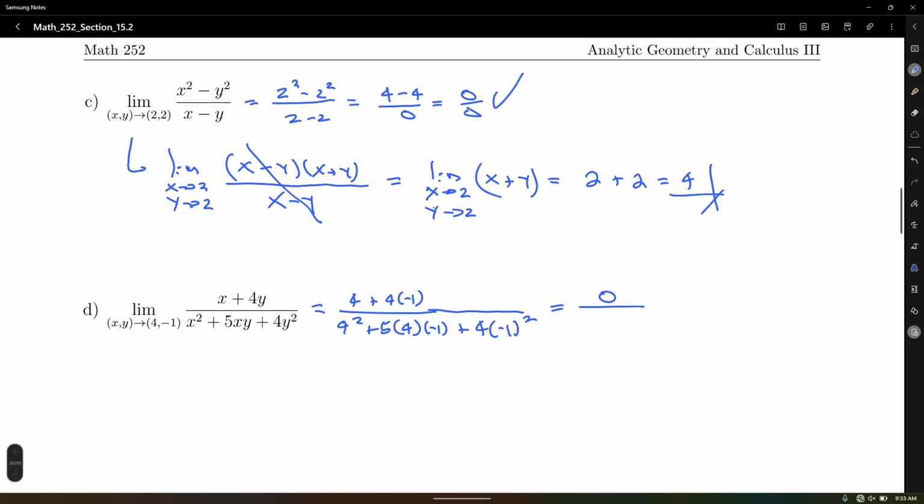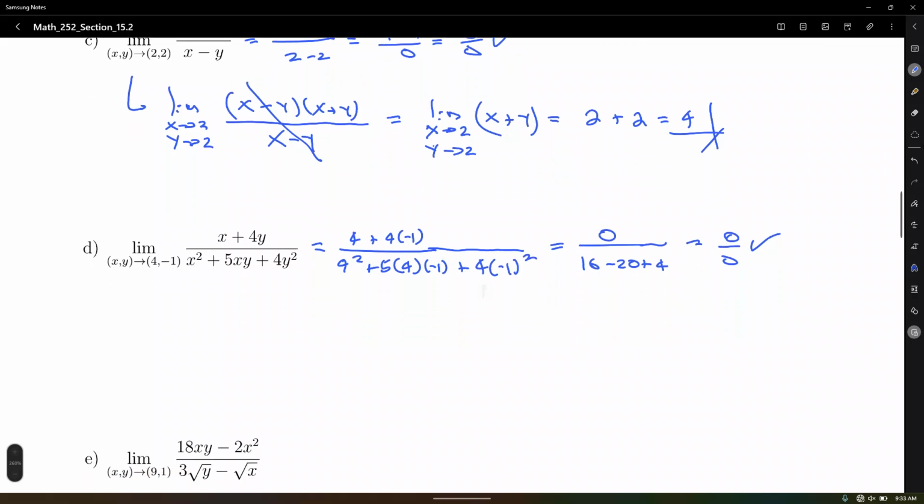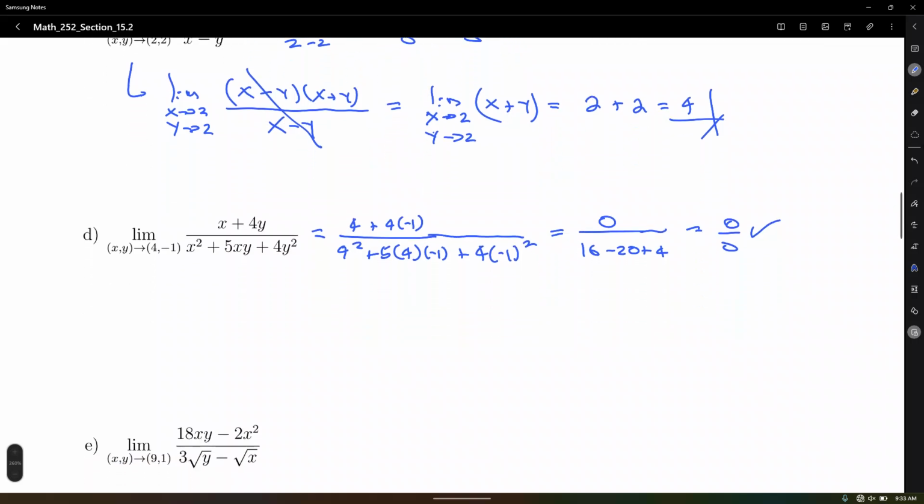And in the denominator, what do we have? 4 squared, which is 16, minus 20, plus 4. So 16 plus 4 is 20, minus 20, 0 over 0, which is good. That means we can do some algebra to compute this limit.